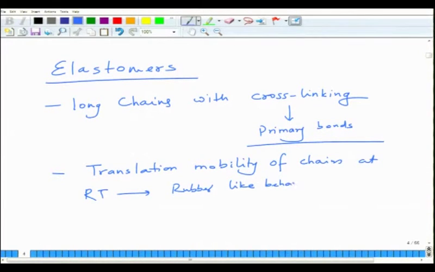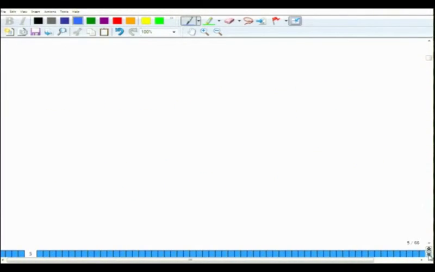So, that is why elastomers have a rubbery behavior, they act like a rubber. So, these are the three categories of long chain polymers. Let us see the example of, to begin with, polyethylene structure. So, we start with the polyethylene structure.